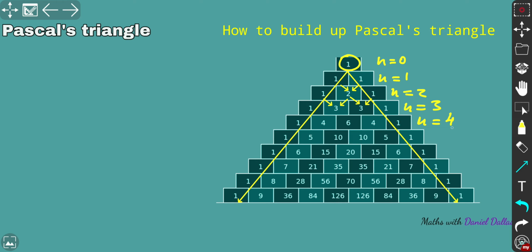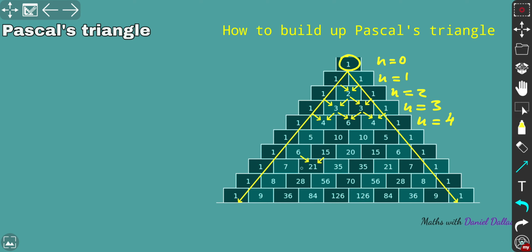Let's go to level 4, when the power is 4. It's the same. You take the lateral number, and you add the 3 that stays nearby, and they are above those 4. So 1 and 3 you get 4. 3 and 3 you get the middle term, which is 6 in this case, and again 3 and 1, that's how we get 4. Let's take any random block. For example, let's take this 6 and that 15.